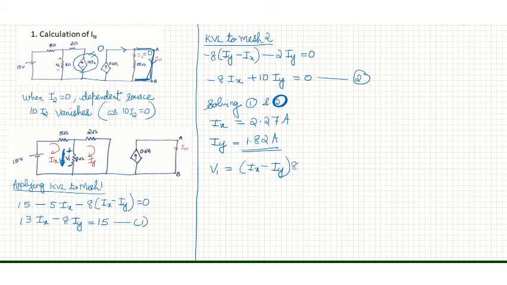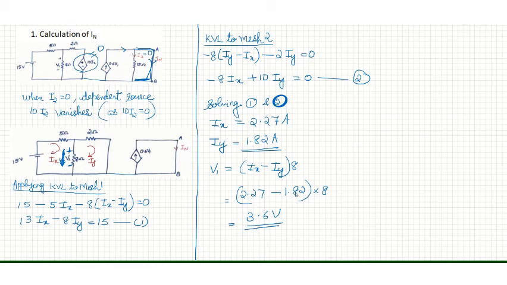Ix minus Iy into 8 is V1, that is 2.27 minus 1.82 into 8, which is 3.6. So V1 is 3.6 volts.